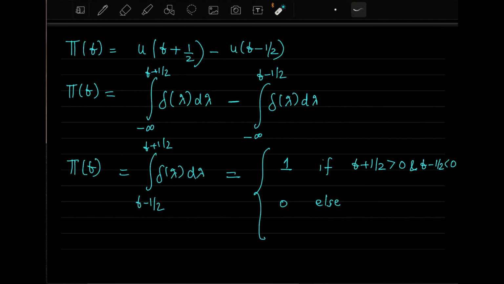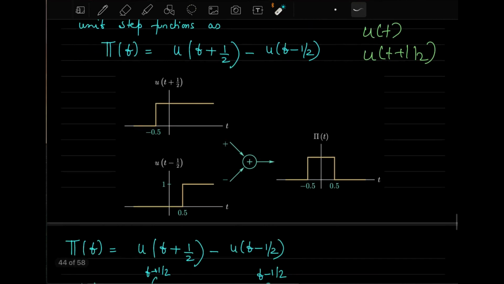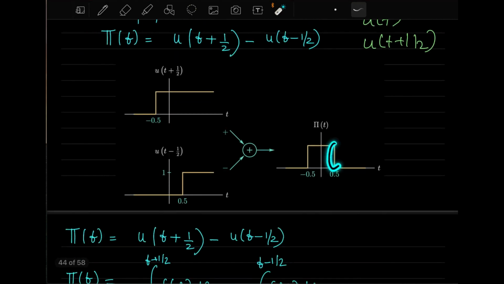Yes, that one actually is a controversial situation, because if you see, there is a discontinuity here. Some books will define that value as 0.5 at this discontinuity, but normally we don't care about these values.